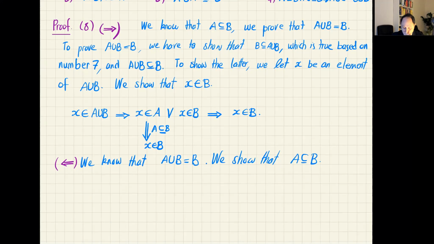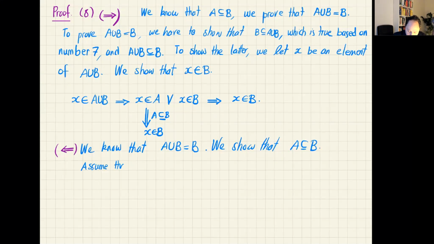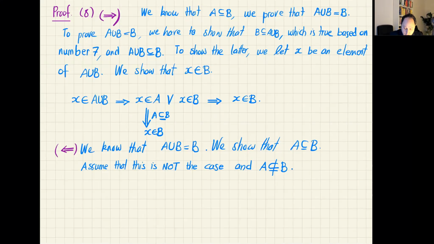Okay, so let me assume that this is not the case. Assume that A is not a subset of B. So you see, I have this assumption.